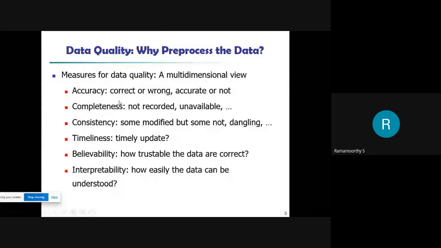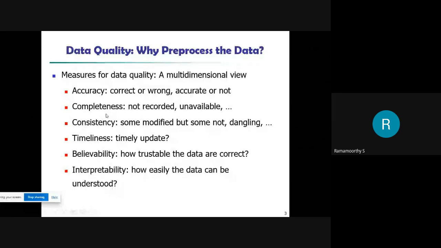Accuracy, in terms of whether the data is correct or wrong, or whether it is accurate or not. So first of all, only accurate data you need to give as input for the data mining process. And then the completeness of the data. Partial data are not going to give you quality mining or prediction, right?